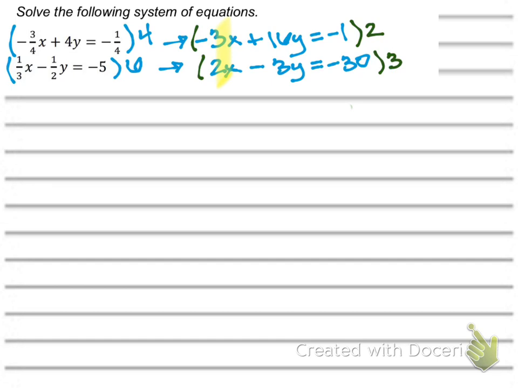So my top guy becomes negative 6x plus 32y equals negative 2. And my bottom guy becomes 6x minus 9y equals negative 90.